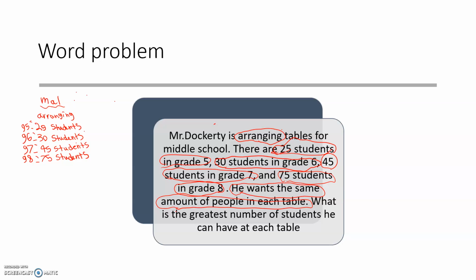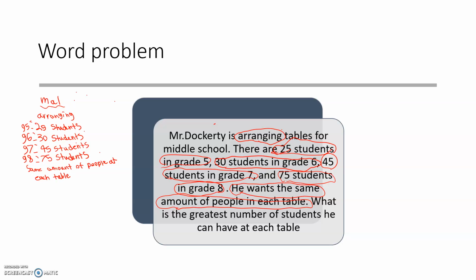So it's the greatest common, because it's common, so all the grades have the same amount of people at each table.